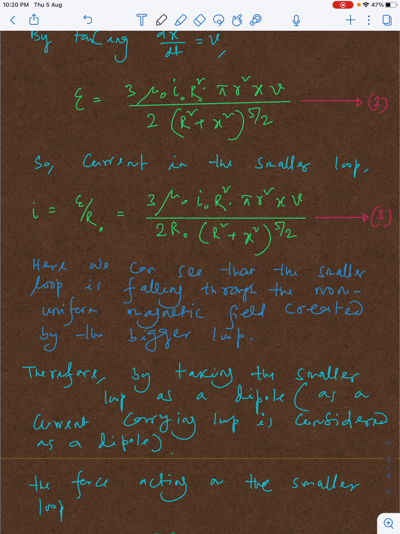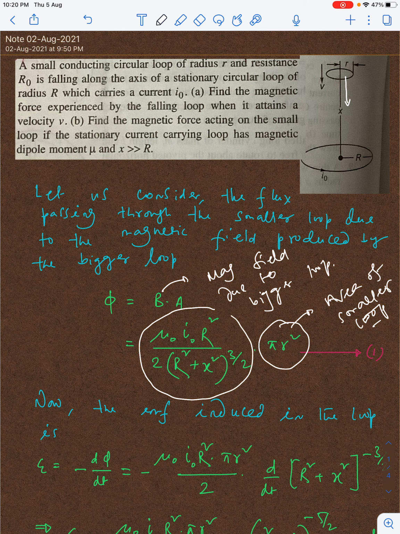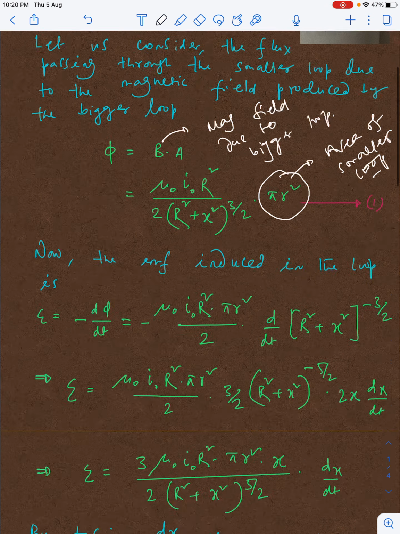If you imagine the magnetic field created by the bigger loop, this is the equation, and from this equation you can clearly see that it is not a constant magnetic field. It is a non-uniform magnetic field. As x changes, the magnetic field value also changes.